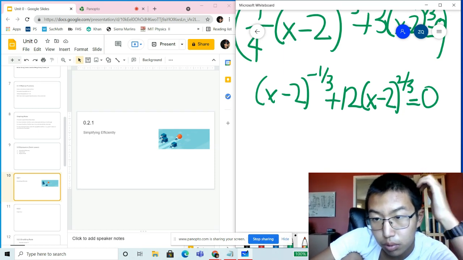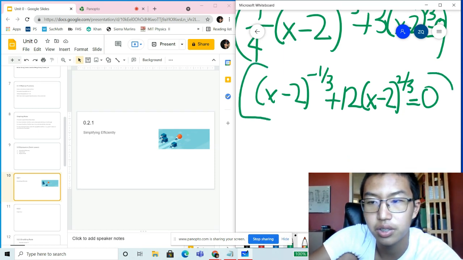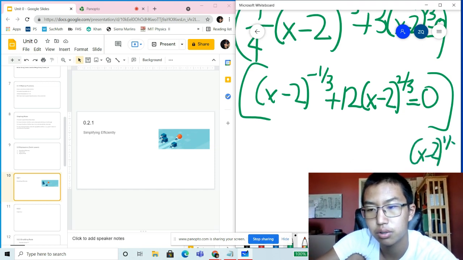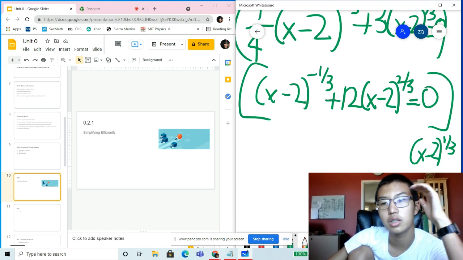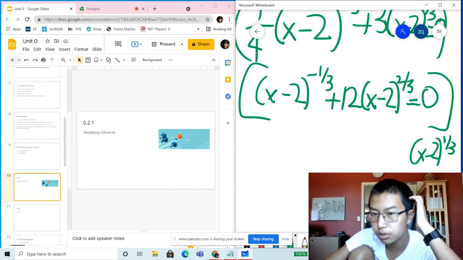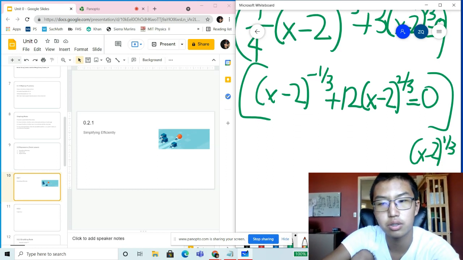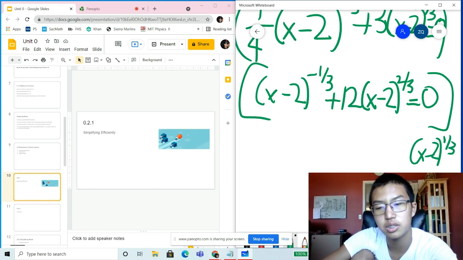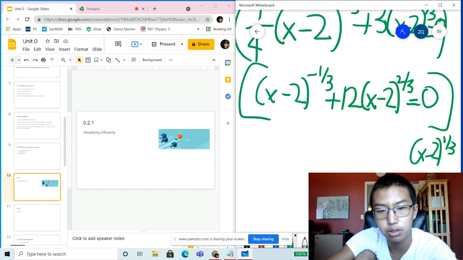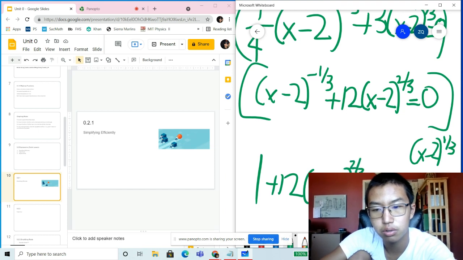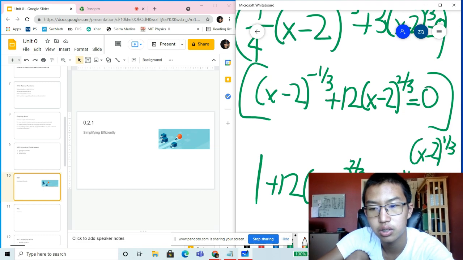So what we're going to do is multiply everything by x minus 2 to the 1/3. So something to the negative 1/3 times that something to the 1/3 is something to the 0, and anything to the 0 is 1. Now plus 12 times x minus 2 to the 2/3 times x minus 2 to the 1/3.